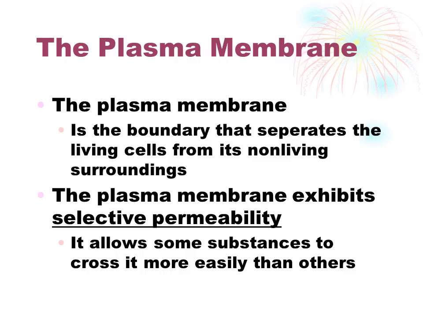We want to allow nutritional substances into our cell, but we want to keep other substances out as well, like microbes or a lot of solutes. So the plasma membrane is really important in that it protects the cell, but it also allows certain substances to enter and certain substances to even exit. They call that nature of the cell membrane selective permeability.